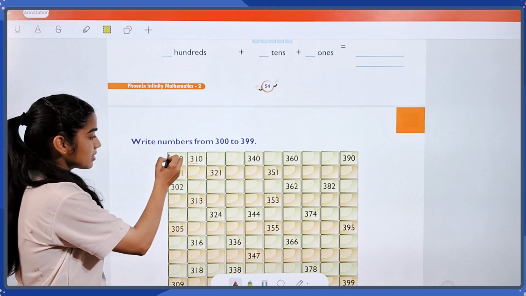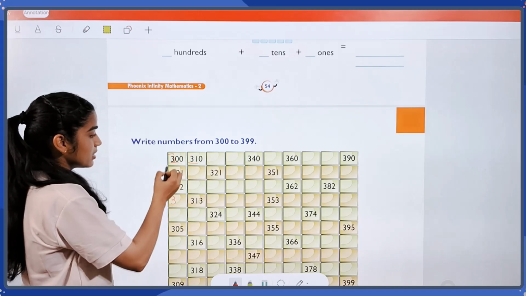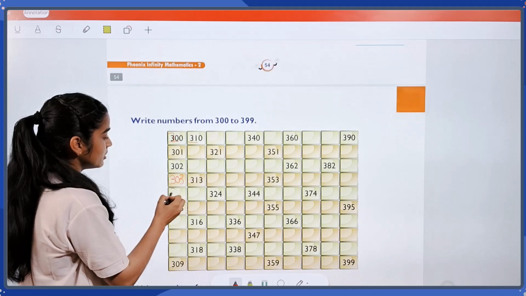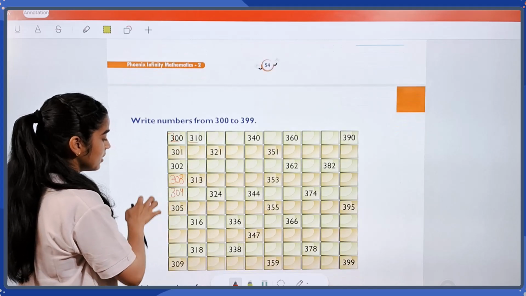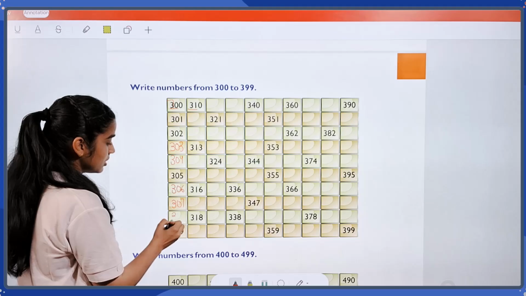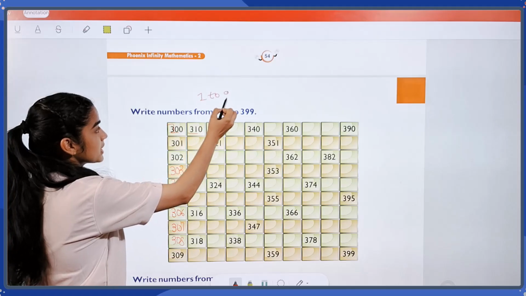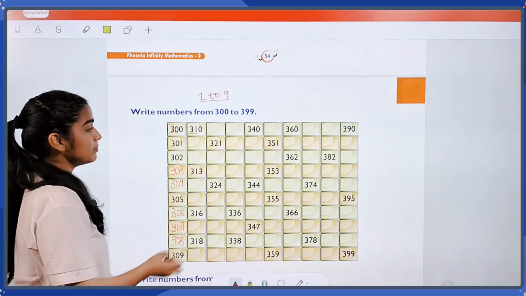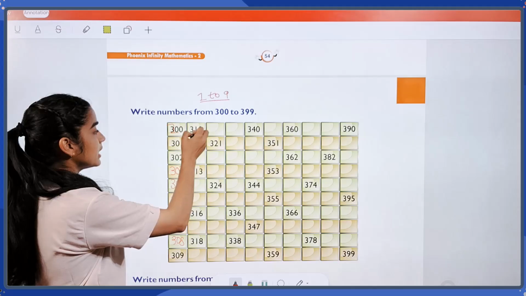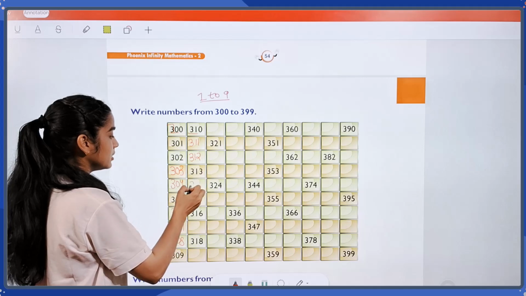The first number remains the same for the rest of the numbers. 300, 301, 302, 303, 304, 305, 306, 307, 308. From 1 to 9 you have a single digit, that's why you use 0 between them. But after 9 you have a 2-digit number, so you put 310, 311, 312, 313, 314.